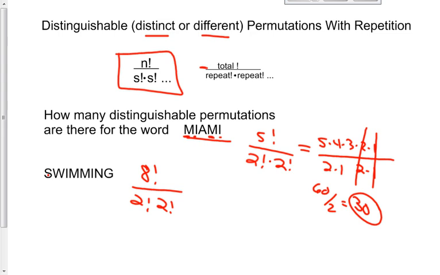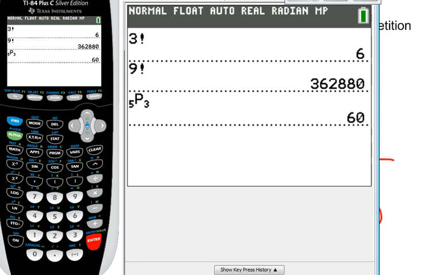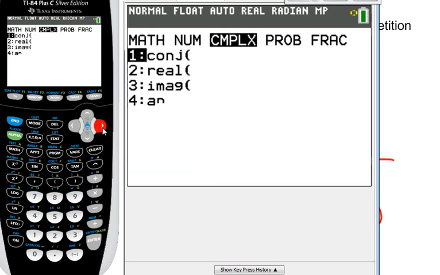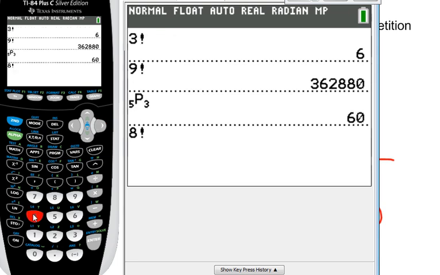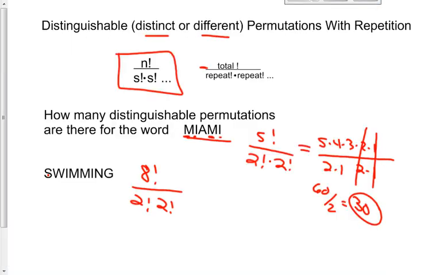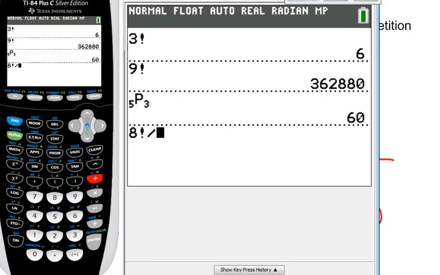So I'll bring up my calculator again. We've got 8, math, arrow over to probability, take choice number 4. 8 factorial divided by, now remember there were 2 things on the bottom, 2 factorial, 2 factorial. So I'm dividing by a quantity of 2 factorial, 2 factorial, okay?